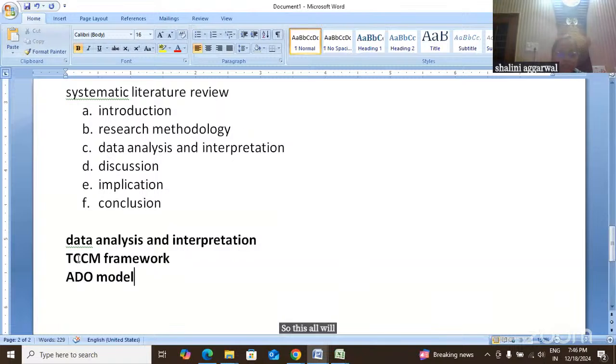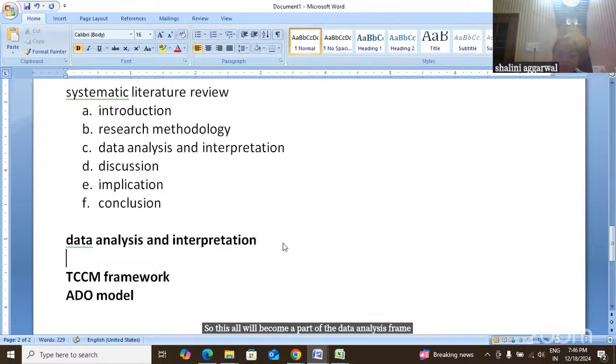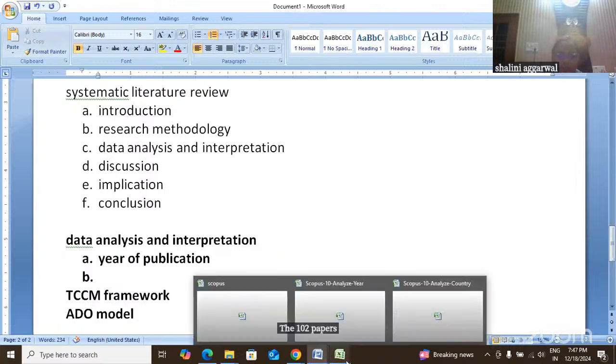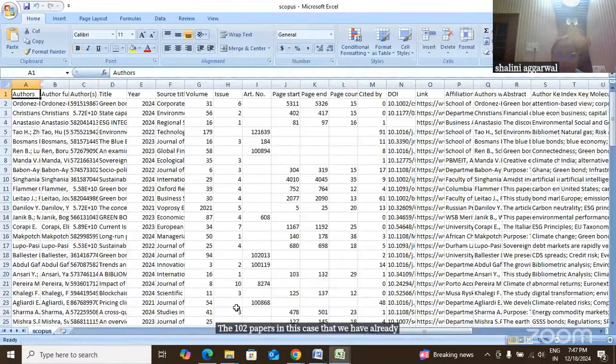So let's start from year of publication. What we have to write over here in the data analysis and interpretation part is that the 102 papers in this case that we have already downloaded, we now want to do the analysis of these 102 papers.